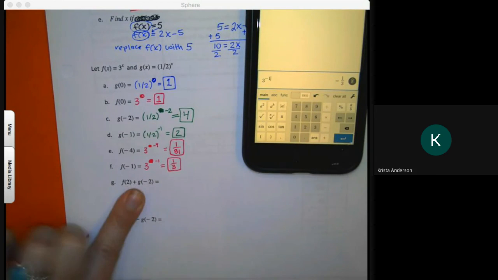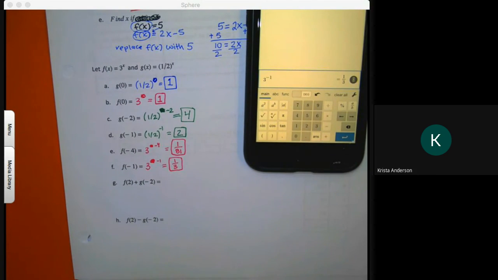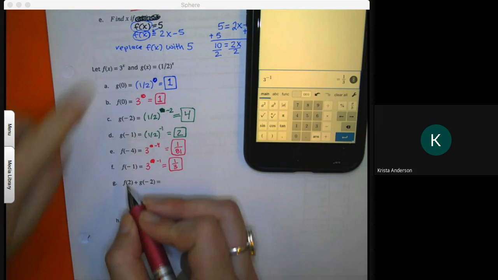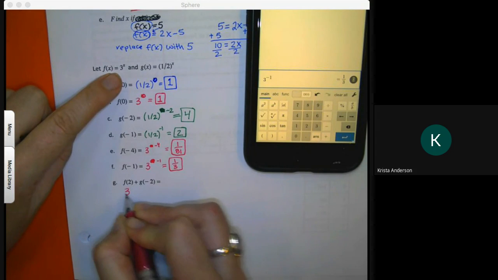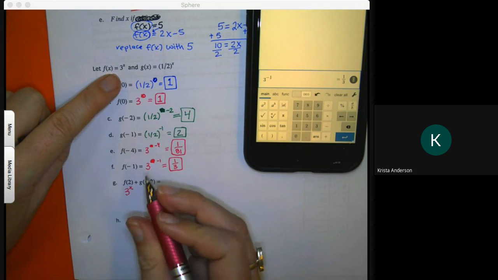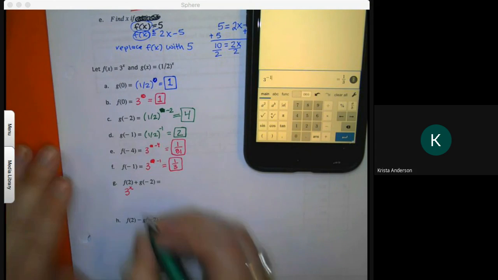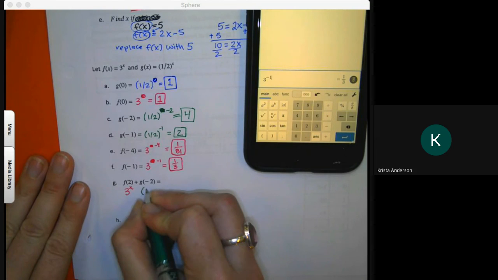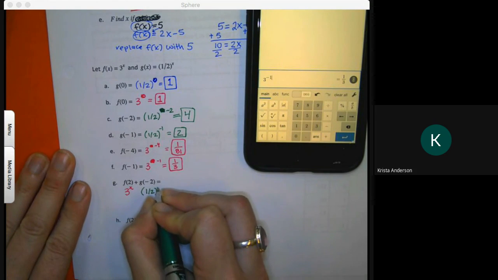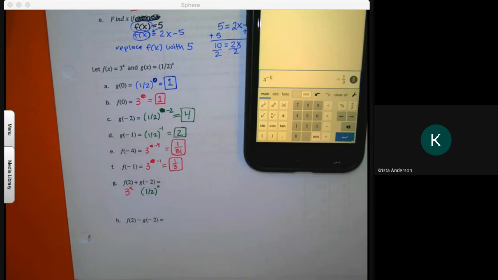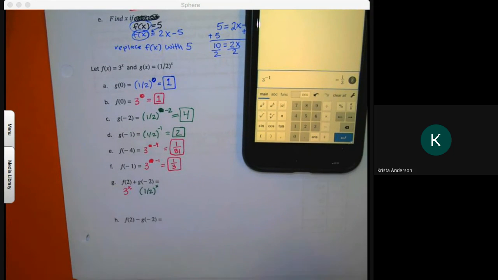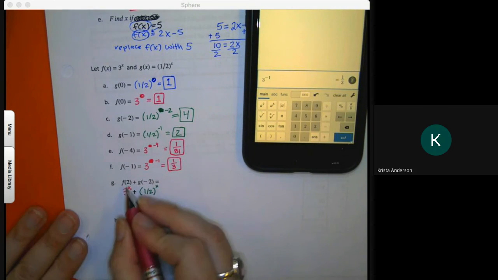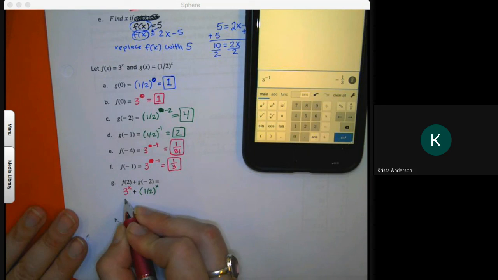These are the ones that get a little tricky. The function for f is 3 to the power of x, and the function for g is 1/2 to the power of x. What is between those two functions? There is a plus sign. So when I entered in, this one wants me to put a 2 in here.